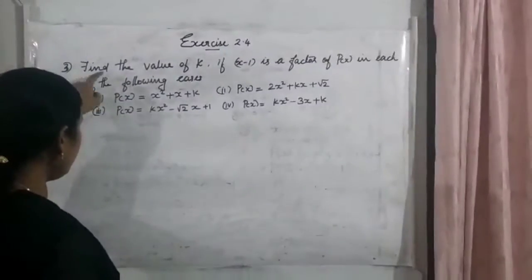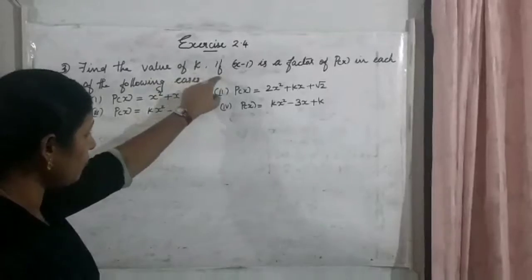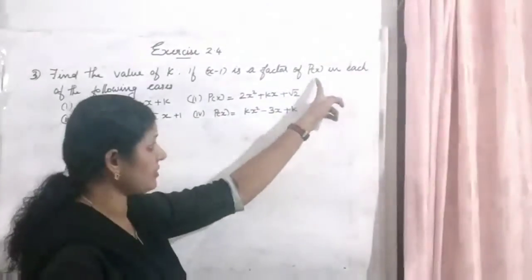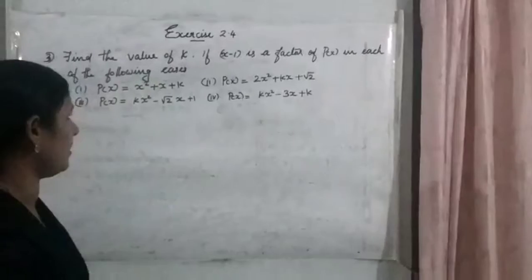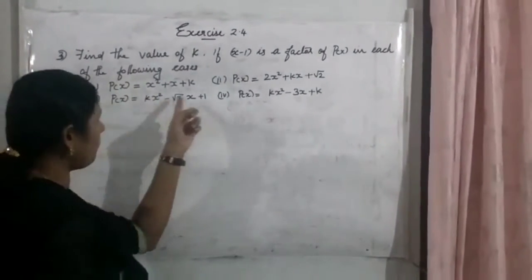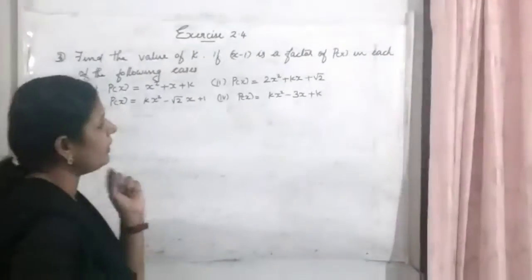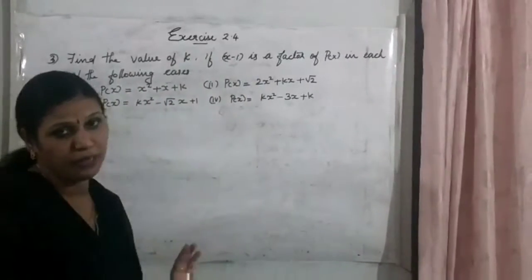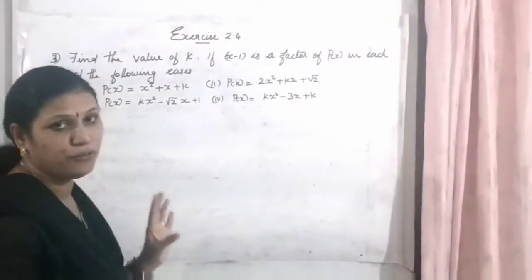Now the next question is: find the value of k if x minus 1 is a factor of P of x in each of the following cases. The condition is that if x minus 1 is a factor of this polynomial, then find the value of k.